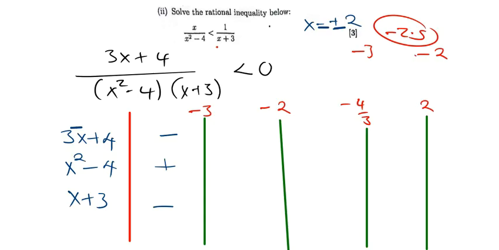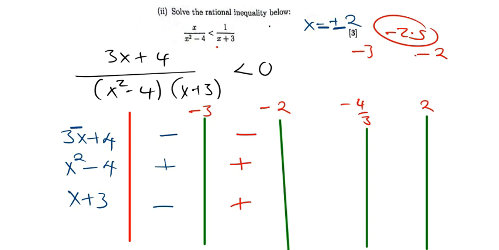So that would be a negative. Well, if you plug in there, if you square that, it's definitely going to be greater than 4. So it is going to be positive. And then if you plug in there, it's going to be less than 3, so it's going to be positive as well.